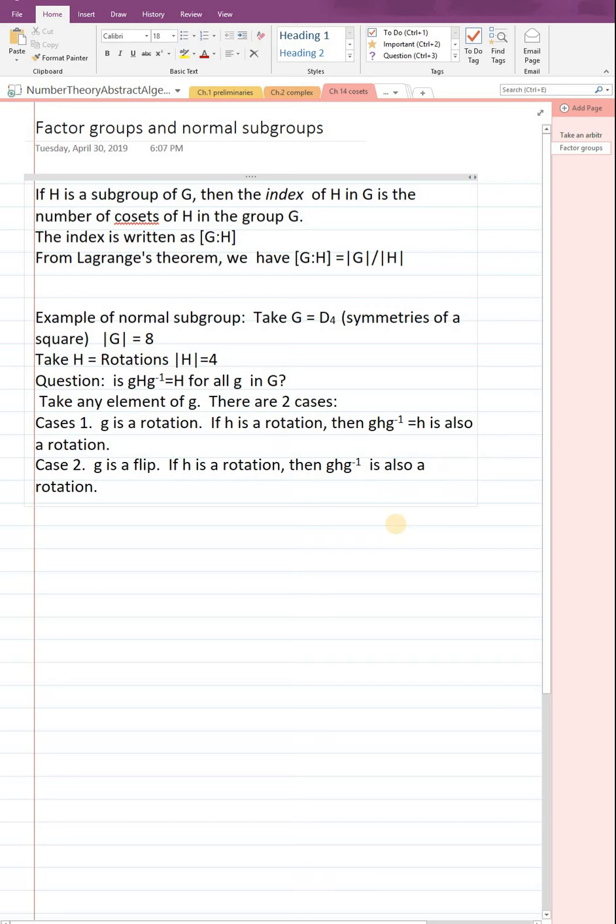so I should say G H inverse is also a rotation, but not necessarily equal to H. All right.